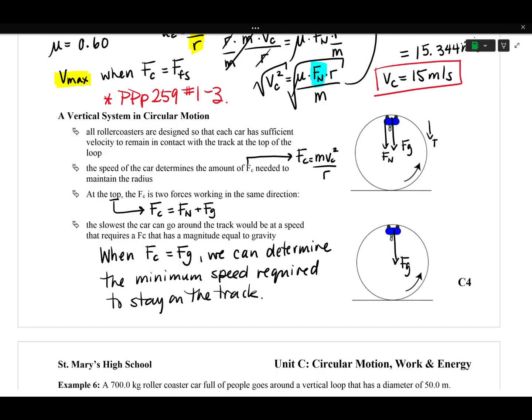We are looking at a free body diagram that would just have F of g going to the center. So you need to memorize, for a vertical system, when FC equals FG, you can solve for your minimum speed. You need to memorize this, and it's for vertical systems. So think roller coasters.